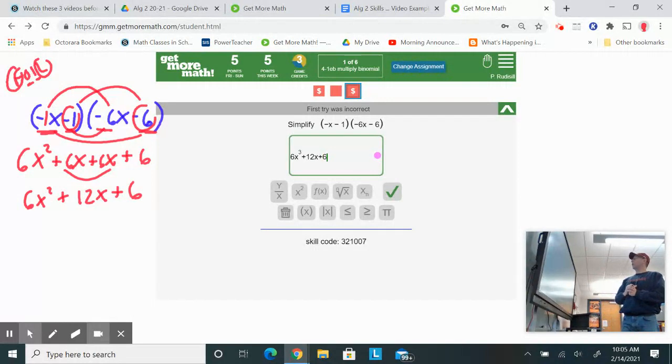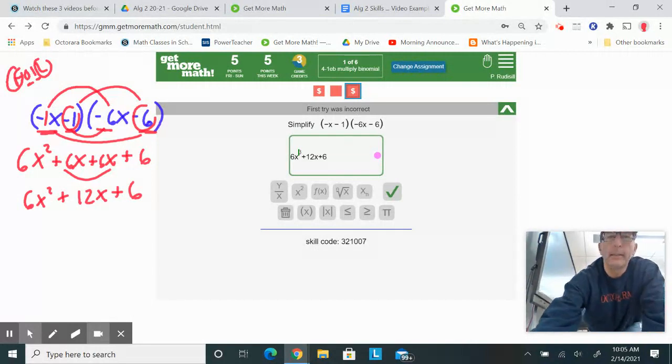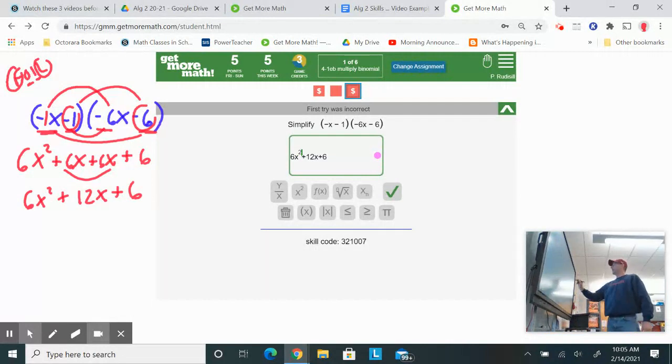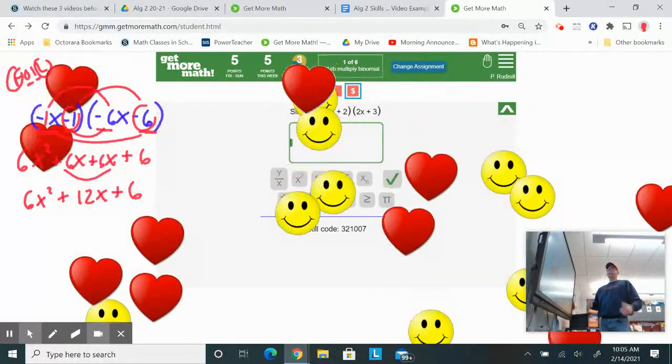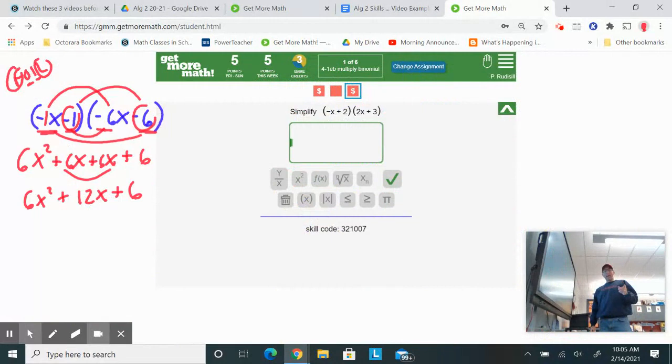I've got to figure out what I did. Oh my goodness. I checked it and noticed it was supposed to be 6x squared, and I put 6x to the third. So I just have to delete that and make that a 2. And now, moment of truth, got it. So mistakes do happen. So take your time so those things can be avoided.